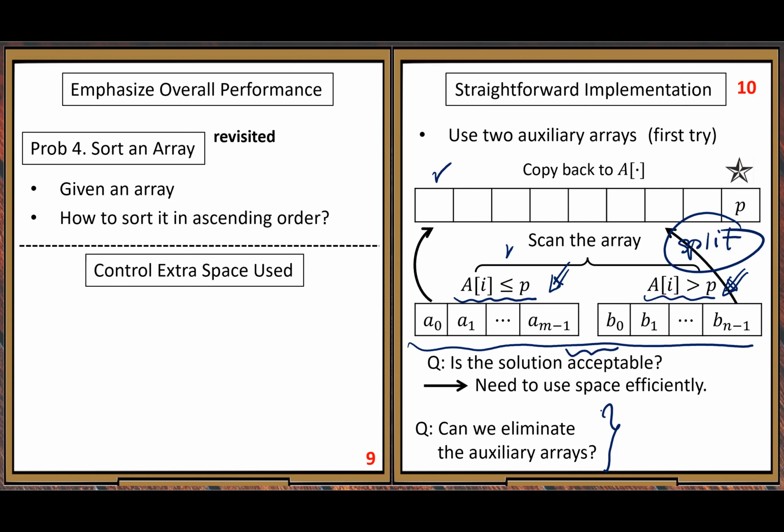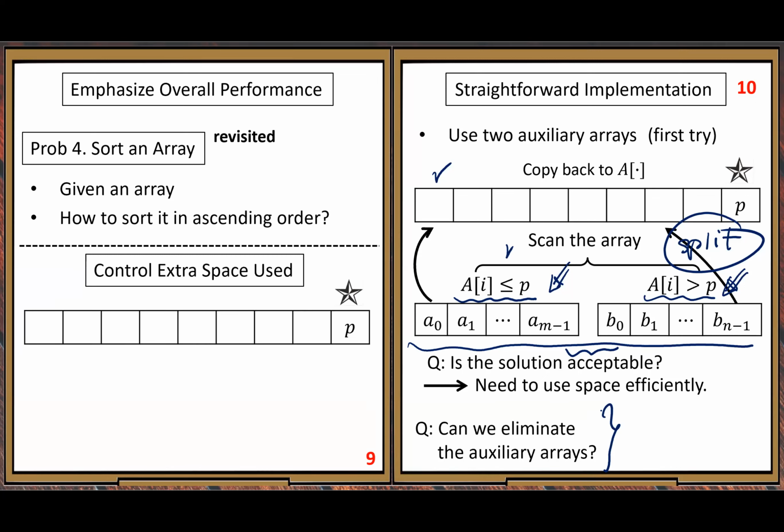Here, let me use a diagram to explain how we control using extra space in some efficient way. This diagram gives us all the locations from the given array.